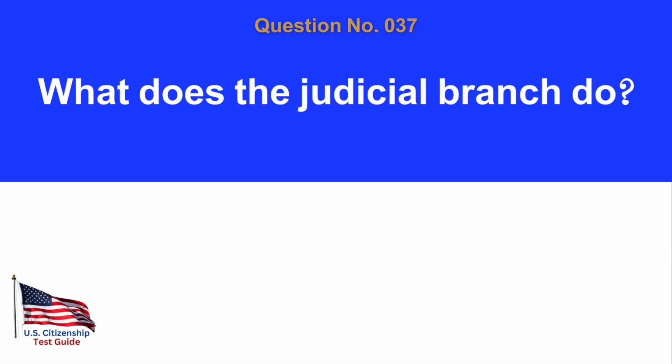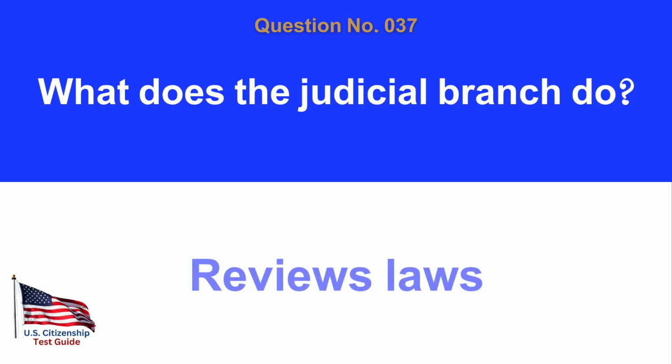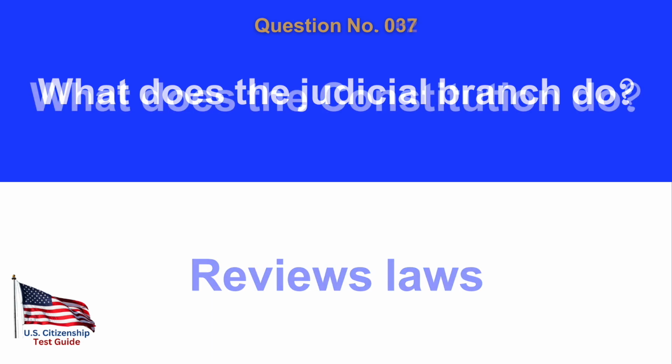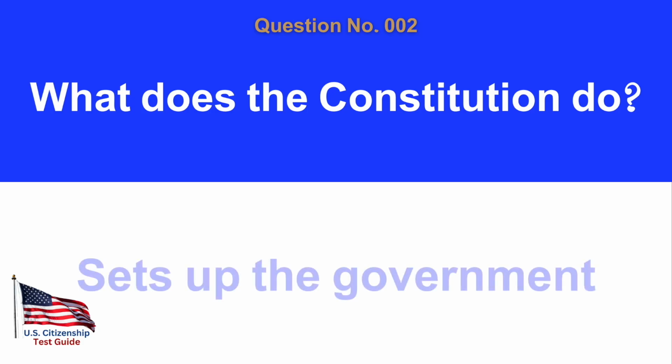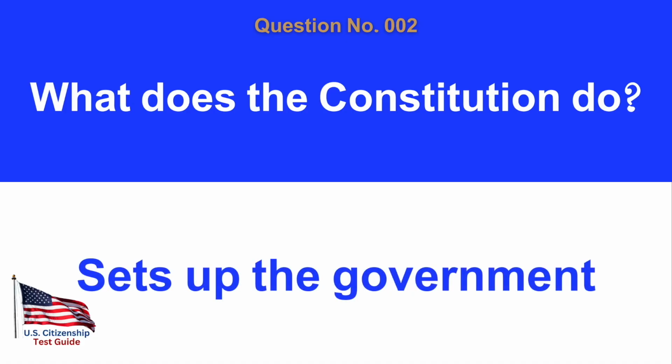What does the judicial branch do? Reviews laws. What does the Constitution do? Sets up the government.